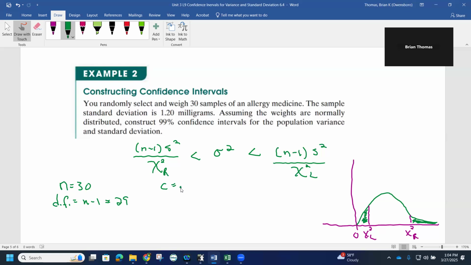That's going to be 99%. The other thing we have is the sample standard deviation, which is 1.2. So what I want to do is take this to Excel and determine what the confidence interval is for this example.